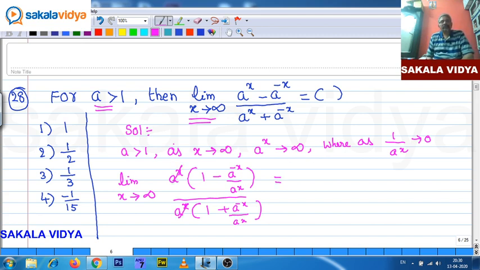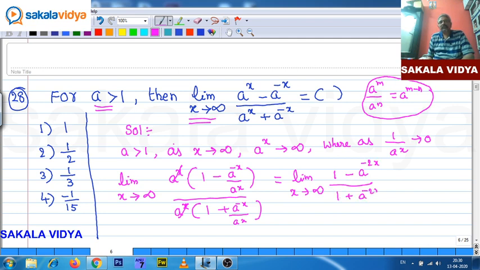Now this can be written as limit x extends to infinity of 1 minus a^m by a^n, and the formula is a^m by a^n equals a^(m minus n). We can use this formula. This is equal to (1 minus a^-2x) by (1 plus a^-2x).